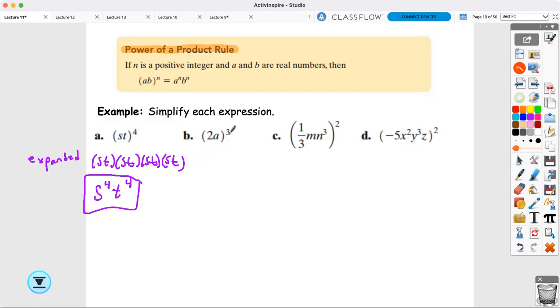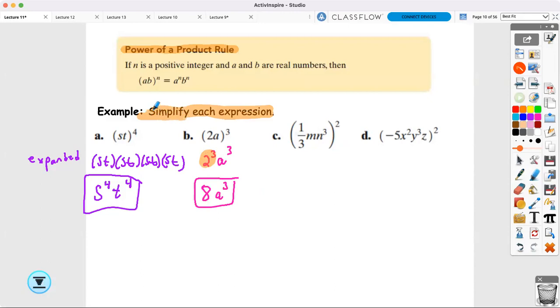So (2a) cubed, that cube is going to go to the 2 and to the a. So I'm going to do 2 cubed times a cubed. Well, guess what, guys? 2 cubed is 2 times 2 times 2, which is 8, and then a cubed. Now, the reason we go another step forward is because 2 cubed could be simplified.